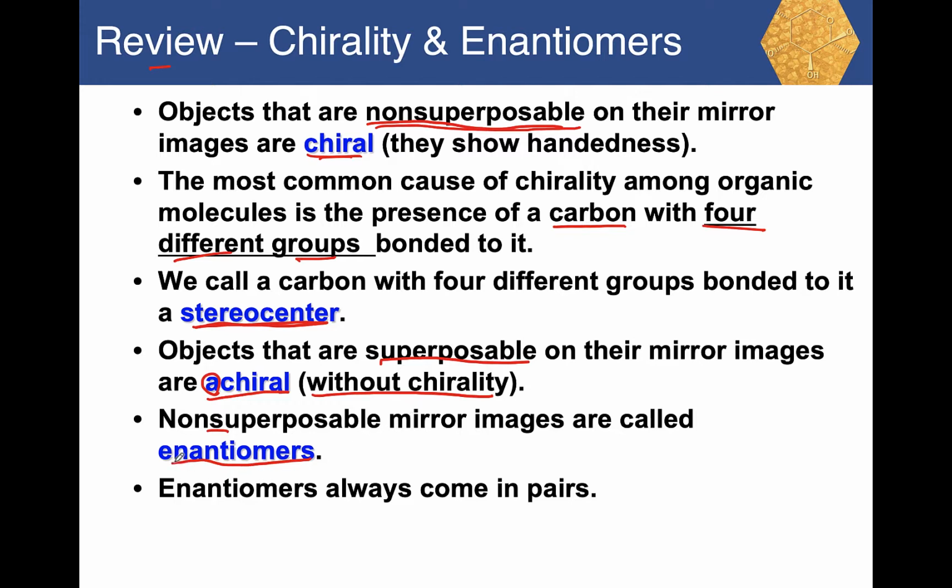So they're called enantiomers. Don't forget that term. And of course, lastly, we concluded that enantiomers always come in pairs, only two, because they are mirror images of each other. And the comparison we used was that of our hands. We have a right hand and a left hand. They are mirror images of each other, and they are different.